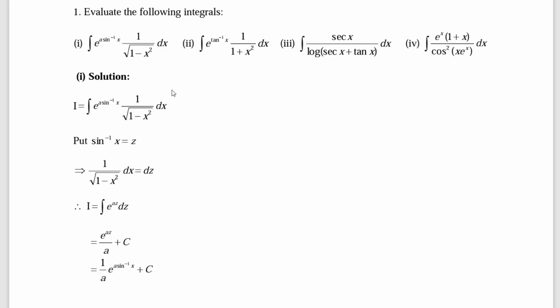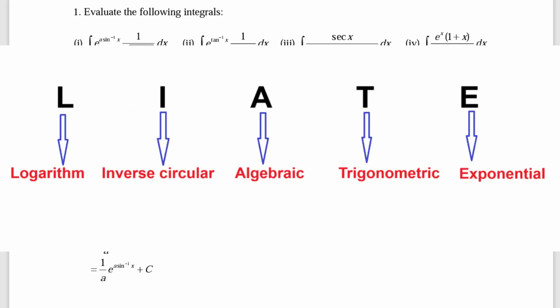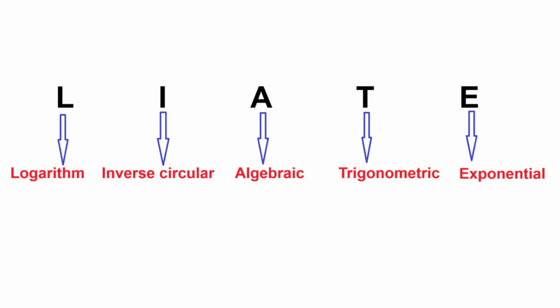Now in some cases it may be confusing, so you can follow this small trick, which is LIATE. Here L means logarithm, I means inverse circular function, A means algebraic functions, T means trigonometric ones, and E means exponential. You have to go from L, then I, then A, then T, then E. It means for assuming z, if there is any logarithm part in the given question, you can assume that part as our z.